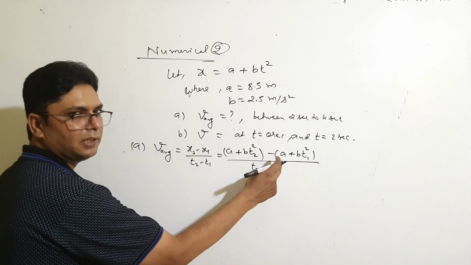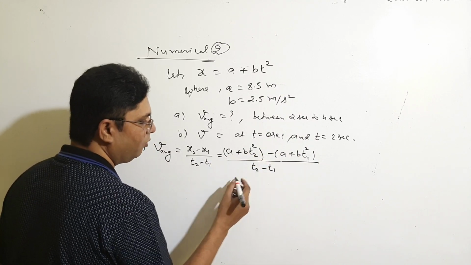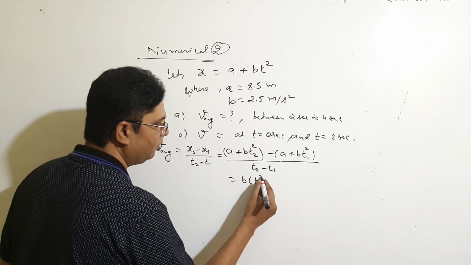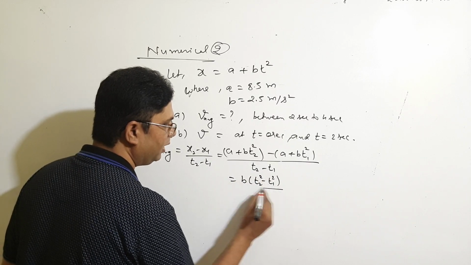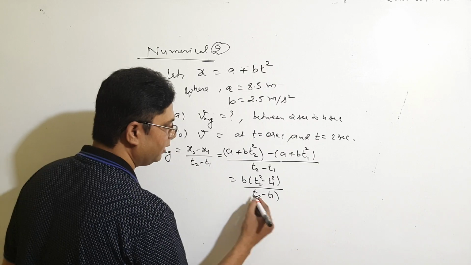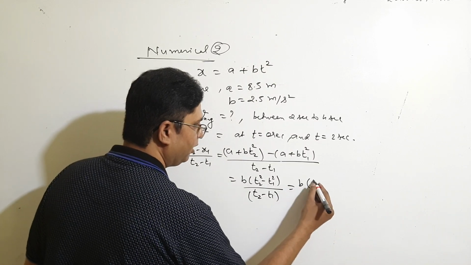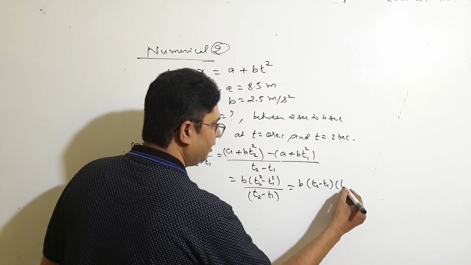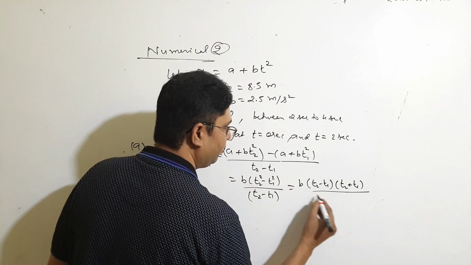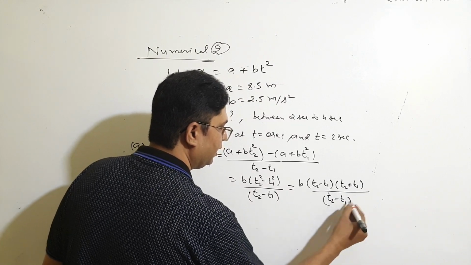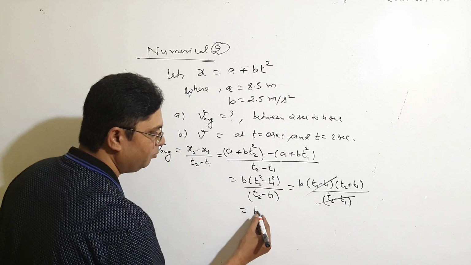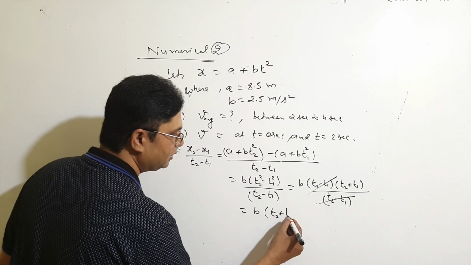Here a and a will cancel out, and in these two terms b is common. So we have t2 square minus t1 square upon t2 minus t1. Here also you have b, t2 minus t1, t2 plus t1 divided by t2 minus t1. Cancel these two. So you have b times t2 plus t1.